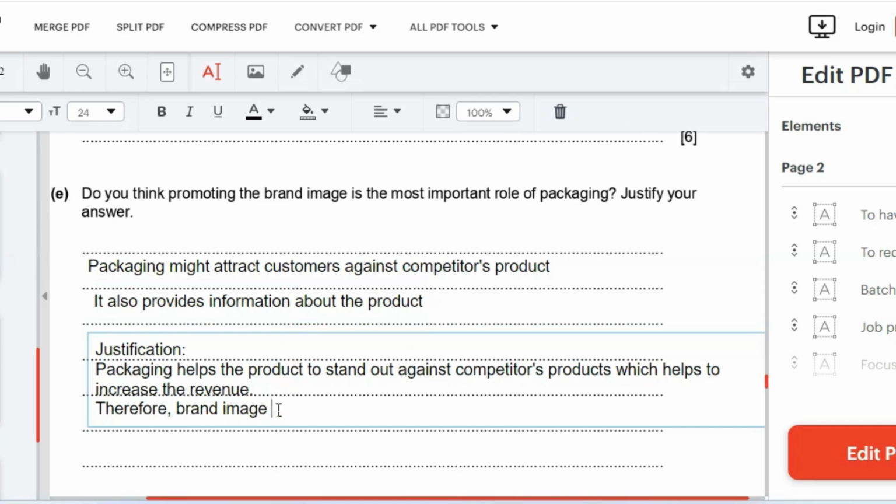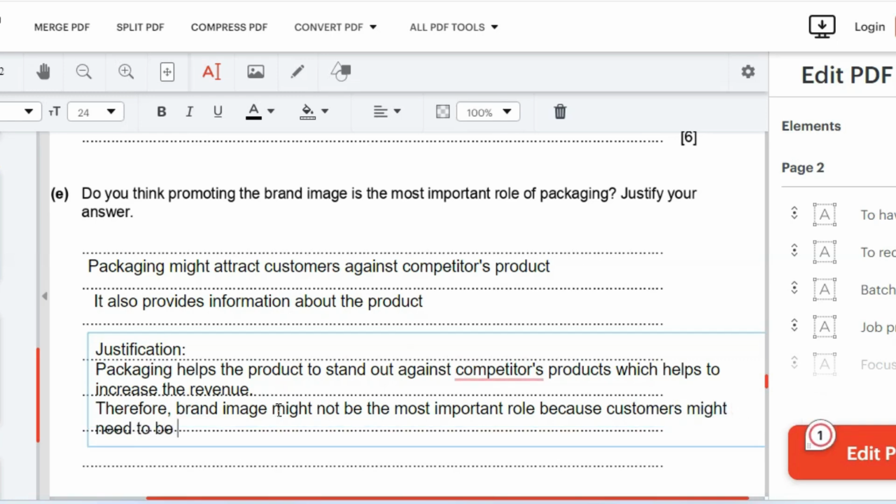Let us try and continue. Brand image might not be the most important role, because the customer might need to be aware of the product to buy.